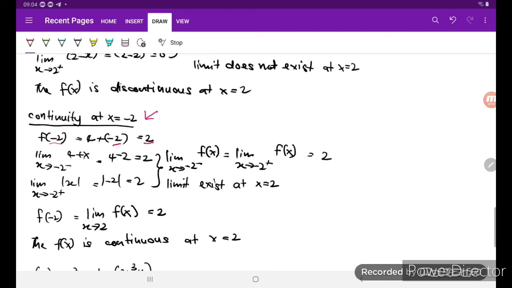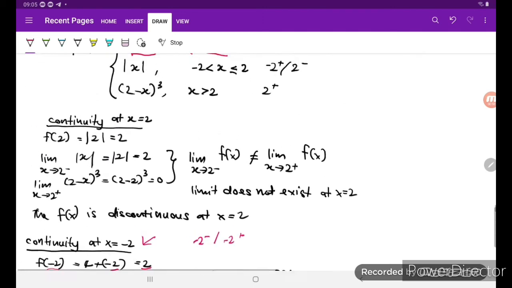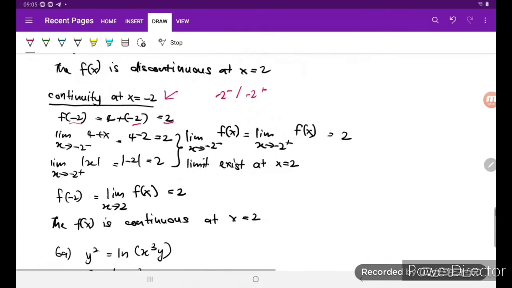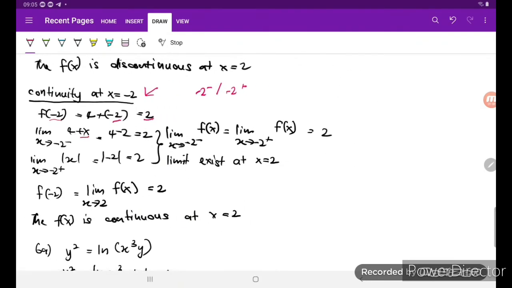And then we have to calculate the limit. Limit from negative 2 minus and negative 2 plus. So we have to find for the function the limit when x approaches negative 2 from the negative side, which will be 4 plus x. So that's why we have 4 plus x here.